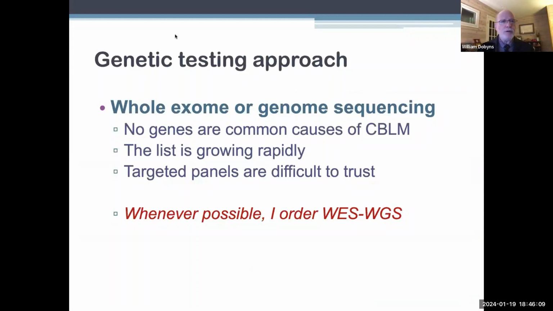All right, so here's the most important point. The set of genes associated with cerebellar malformations and brainstem malformations is very poorly defined, and it's rapidly growing. So just as Dr. Yaron said, I do not recommend a targeted panel, but I recommend whole exome or even better genome sequencing whenever possible.